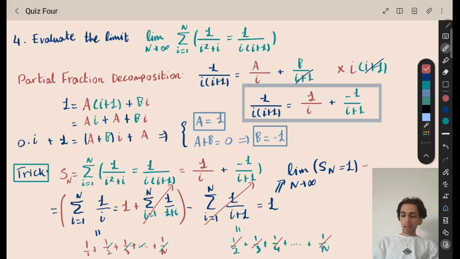So the limit of Sn as n goes to infinity is also 1. So that is the golden trick here.